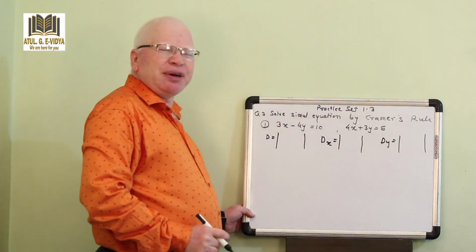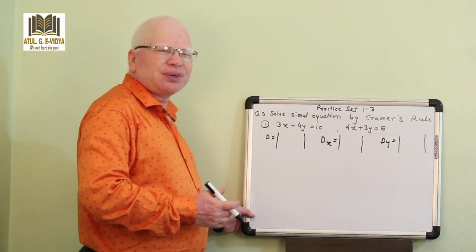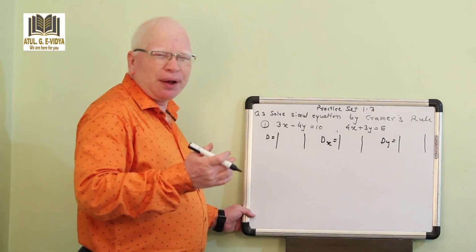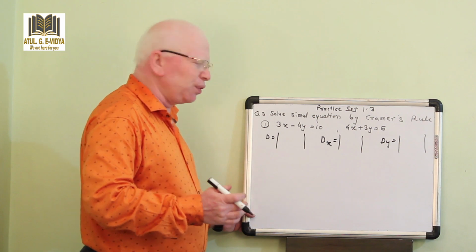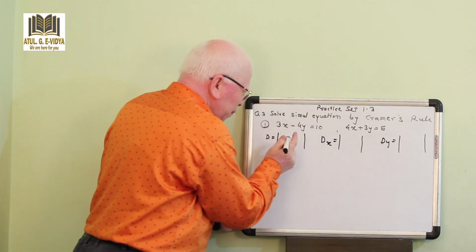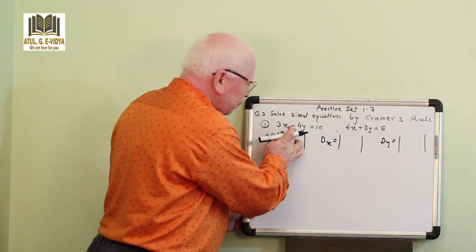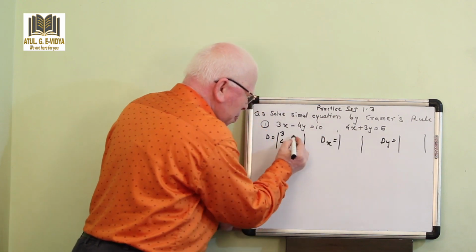For getting the elements of D, we have to take just the x and y coefficients. X coefficients 3, 4. Y coefficients, that is -4 and 3.